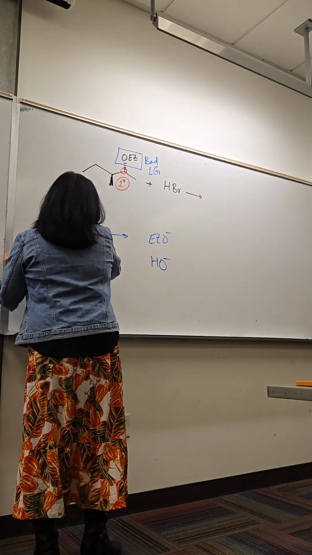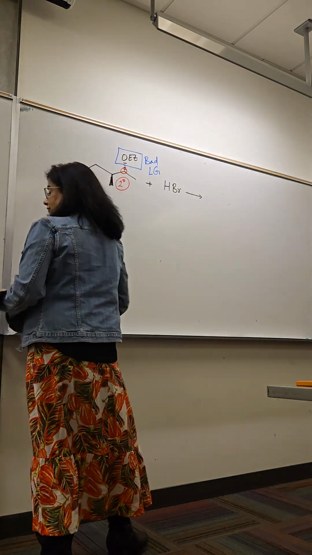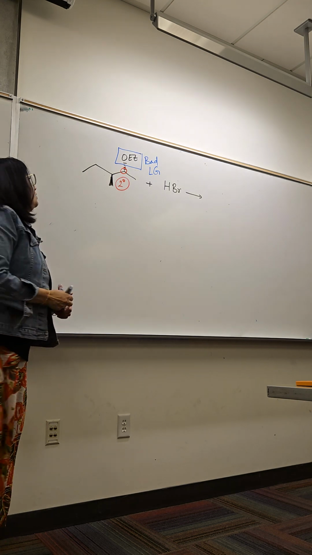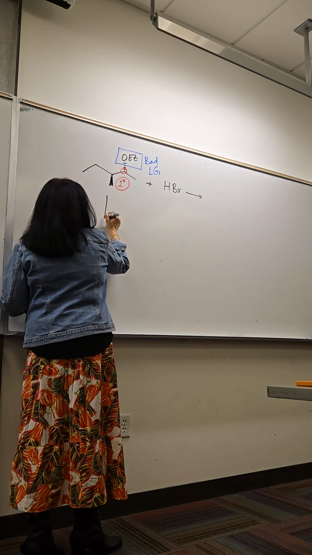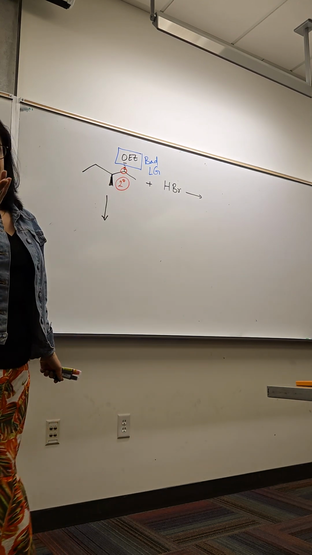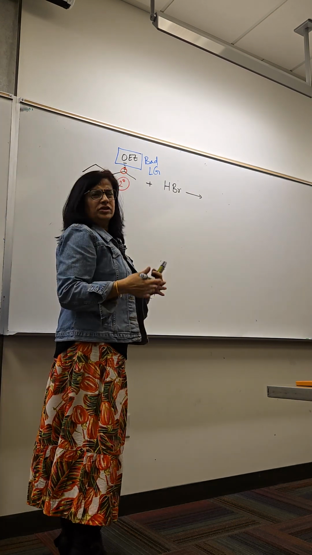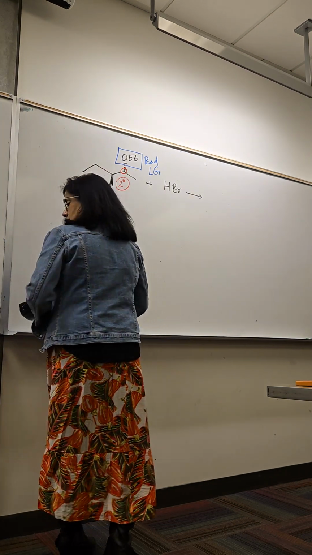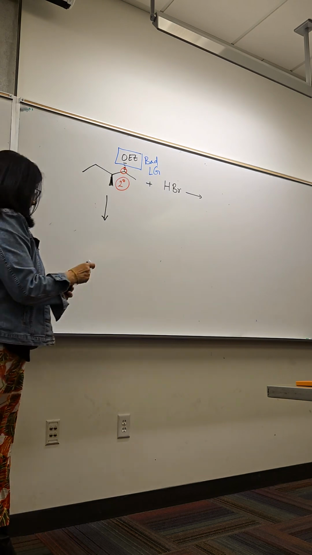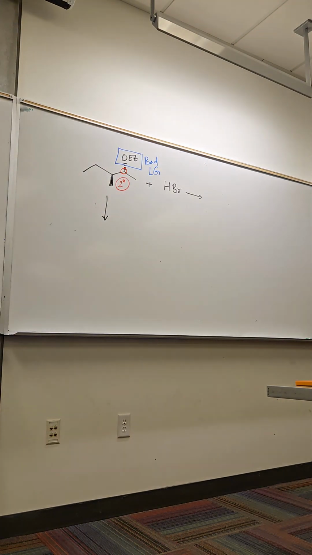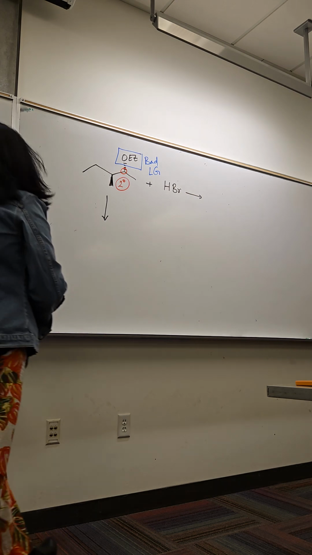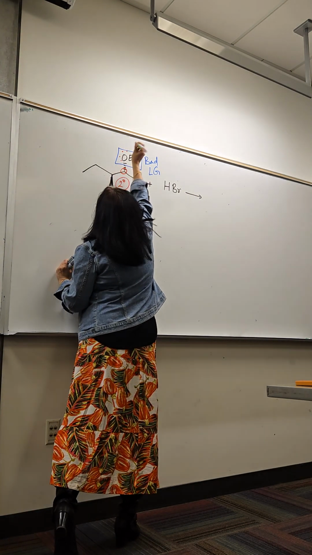So before we do substitution, what do we have to do? We have to do an acid-base reaction, make it into a good leaving group. Exactly. What is the base? The substrate. Who's going to take a proton? The base.